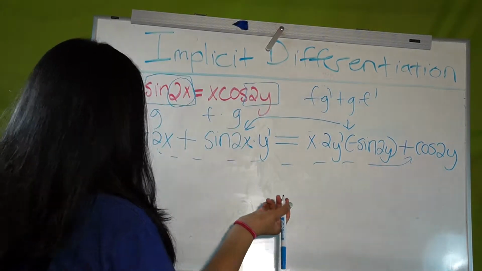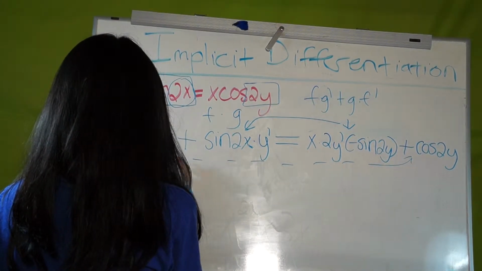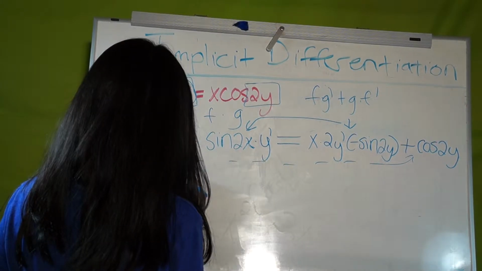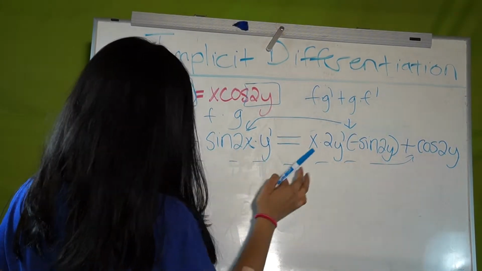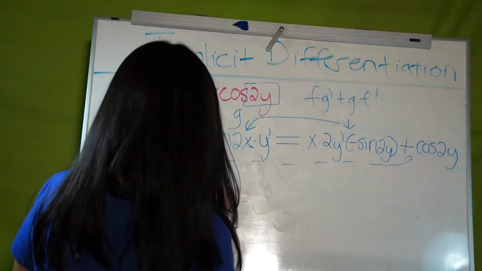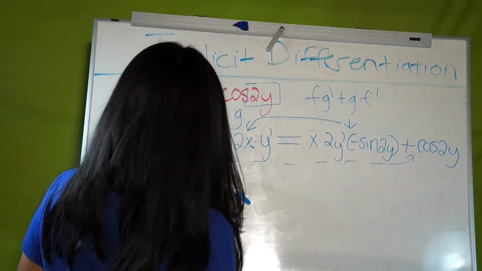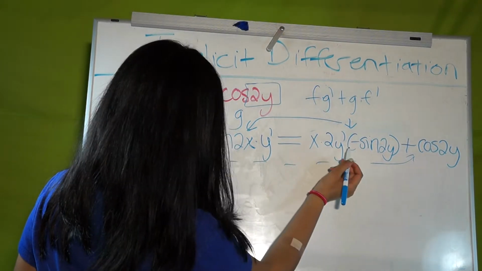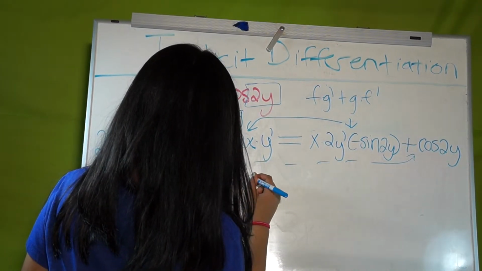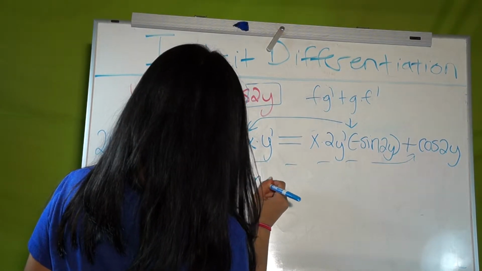So that's what I'm going to do. We were left with 2 sine 2x times y prime. Of course, you can bring the negative out in front, so then you're left with plus 2x y prime sine 2y.